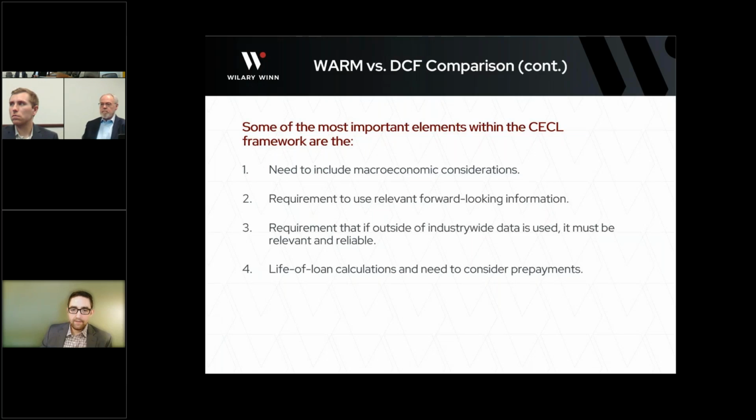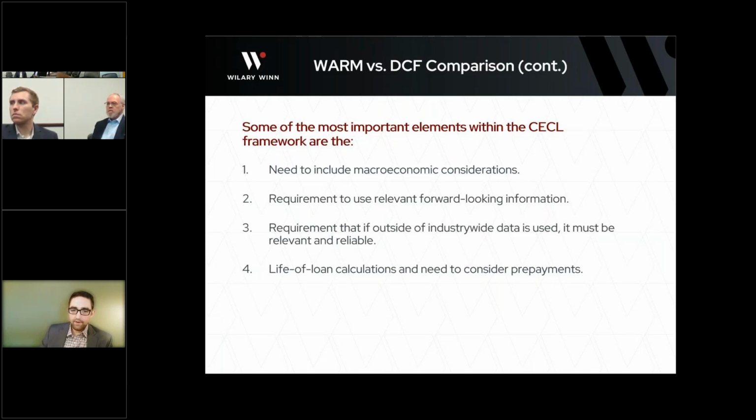The second is the models need to reflect relevant forward-looking information, so not just historical averages. That means your projection should be based on the best available data that you have. So ideally, every valuation date is updated to the specific date you're valuing, and then tailored to the specific portfolio and aligned with what the institution expects in terms of market conditions.